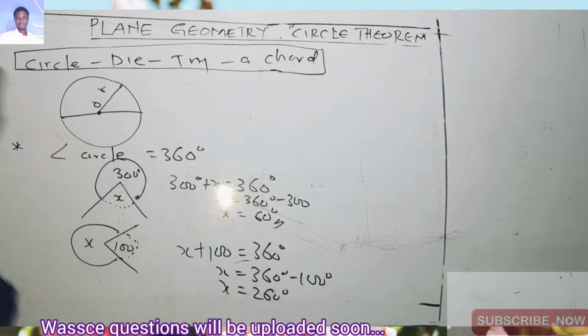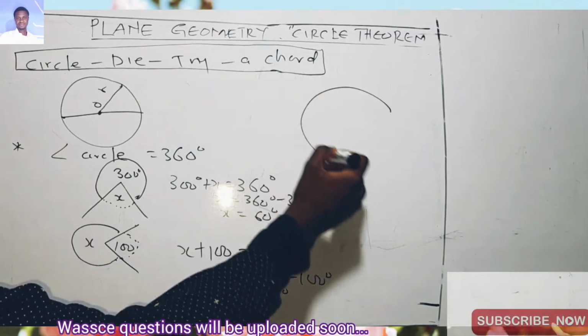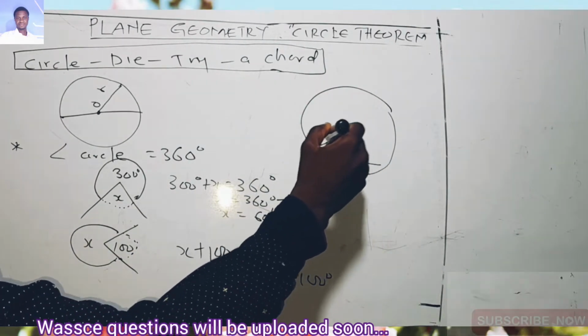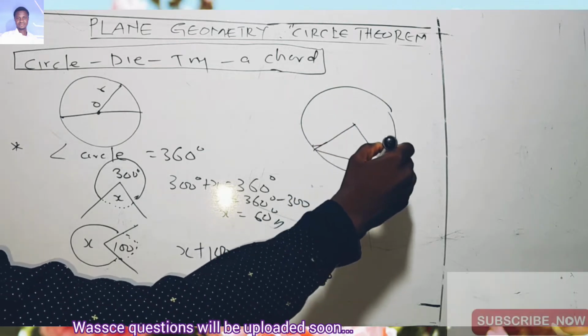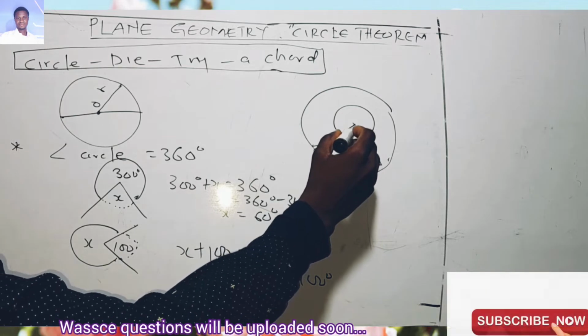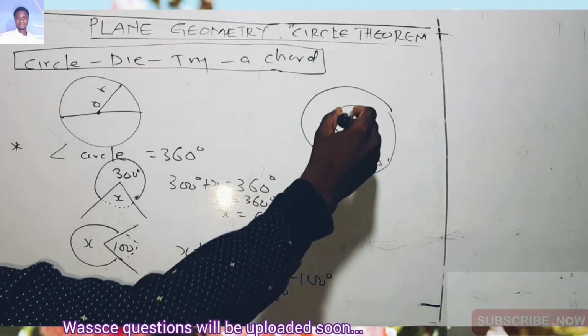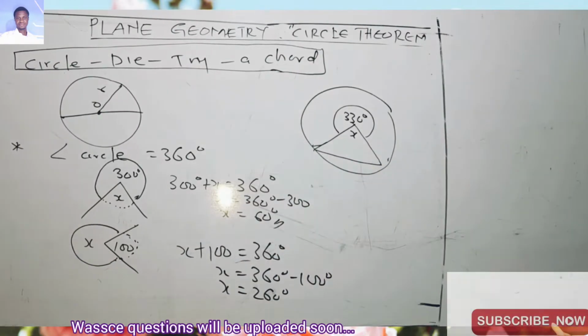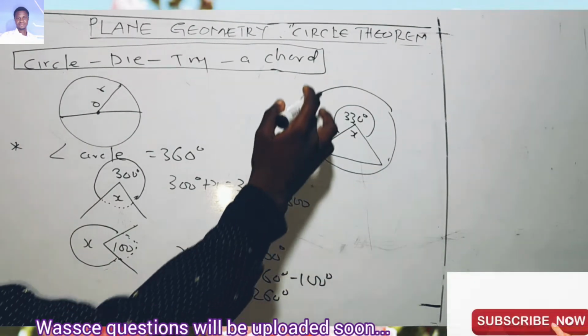Let's say for instance they give you a question like this, and we are asked to find the value of x if this angle is 330 degrees. Now what do you have to do? It's the same thing. Don't look at the whole thing.